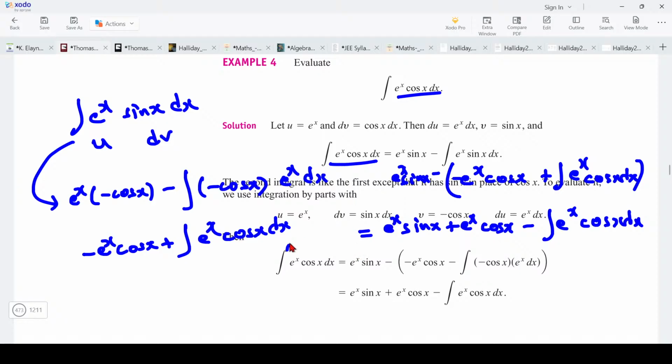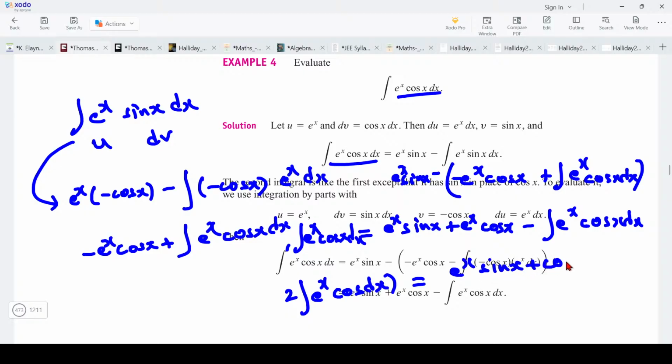Integral of e power x cos x dx we are able to express again within itself, within its form, right? What does that mean if you bring these two together? 2 times integral of e power x cos x dx should be equal to e power x into sin x plus cos x, right?